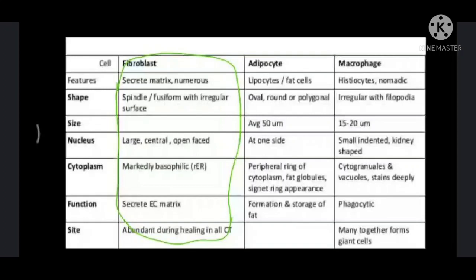There are the ordinary connective tissue and specialized connective tissue. For your information, you will find different classifications in different books. You don't need to worry. Whatever is best for you, go through that. Okay? I found this very easy. That's the reason I told you to go with this classification.